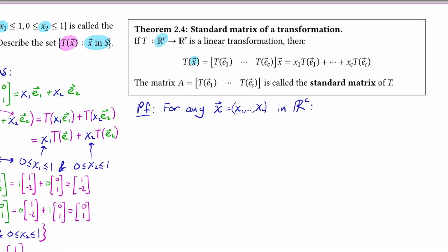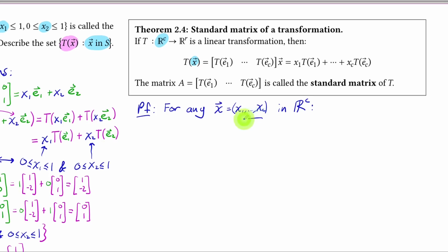Now, to prove this, we're going to say that x is any vector in R^c, which means it has c components, and you can write it like this. We're going to take T of that x.